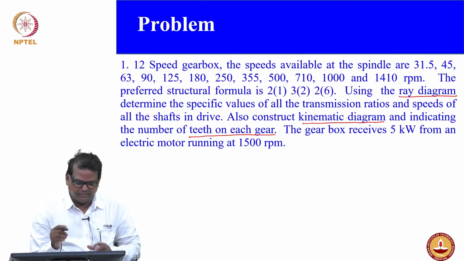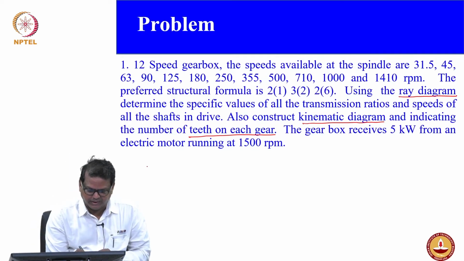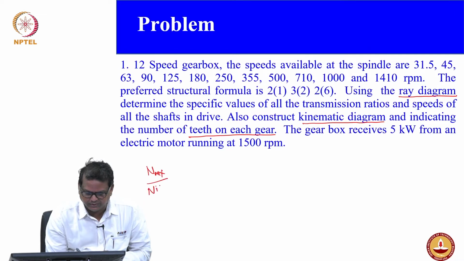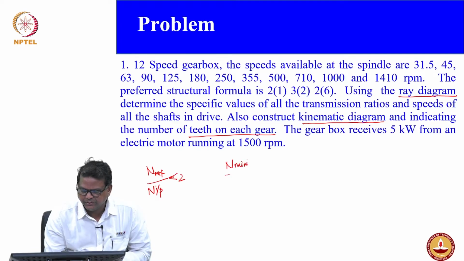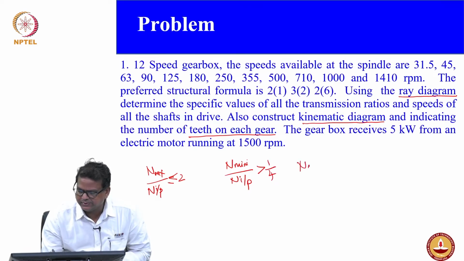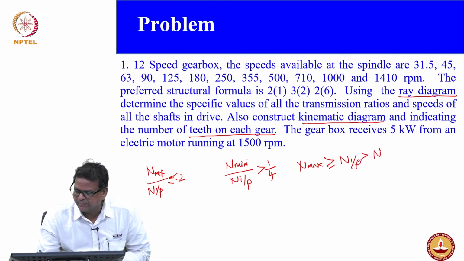Remember, I gave 3 ratios, the 3 thumb rules: n max over n minimum should be less than 2, and n minimum over n input speed should be less than or equal to 2 and greater than 1 by 4, and n max should be greater than or equal to n input over n minimum.